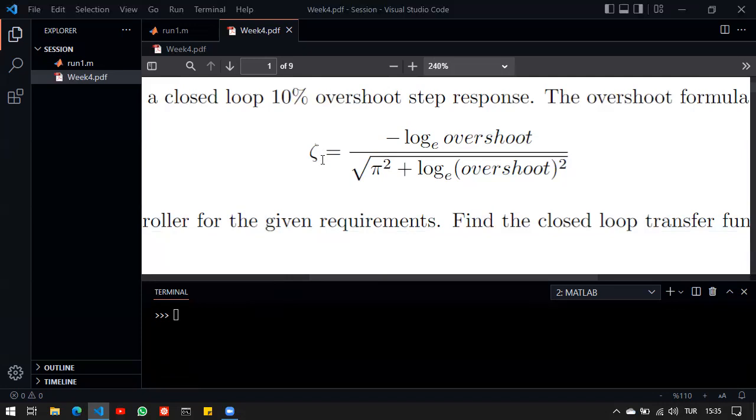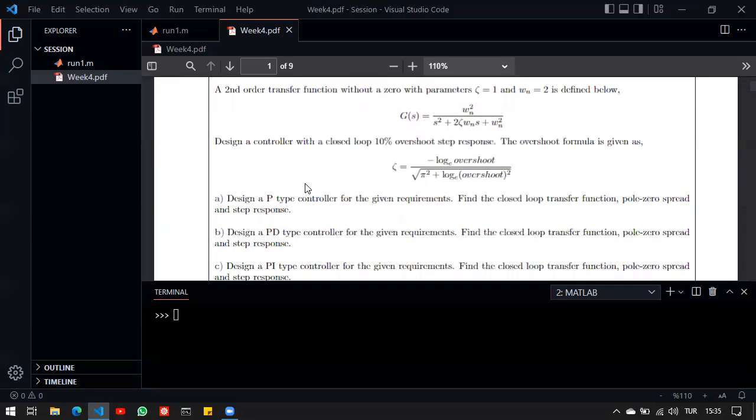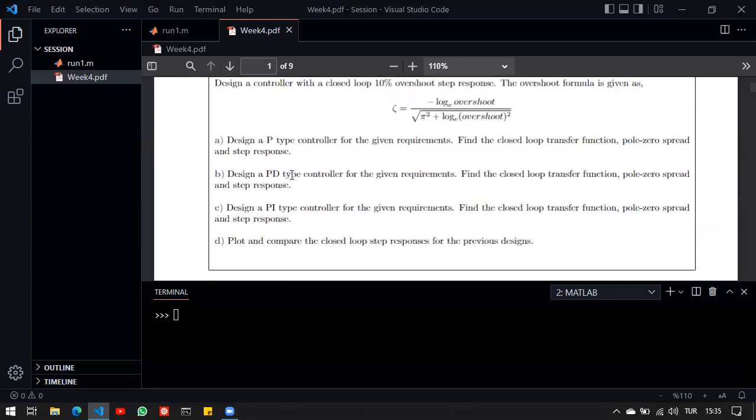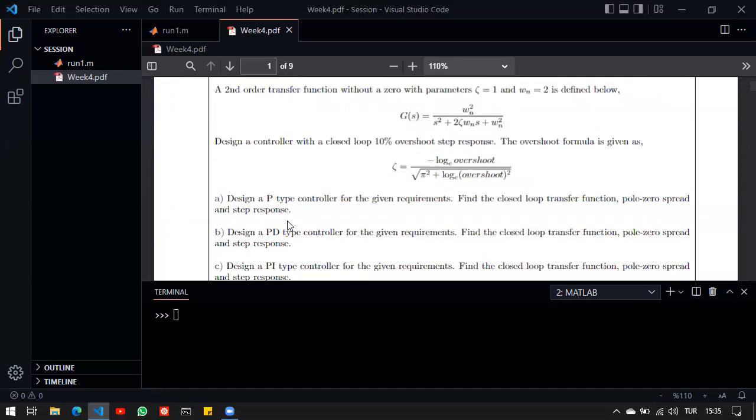We're trying to work out the zeta value that is necessary when we have a given preset overshoot value. So we want to plug in the overshoot and get the zeta value as a result, because that will be one of our design parameters in this case. And today we will try to design P-type, PD-type, and PI-type controllers.